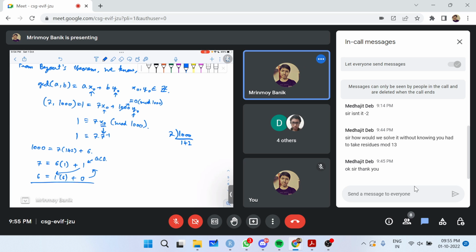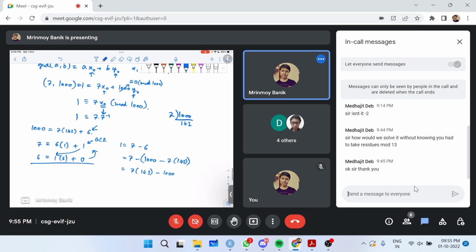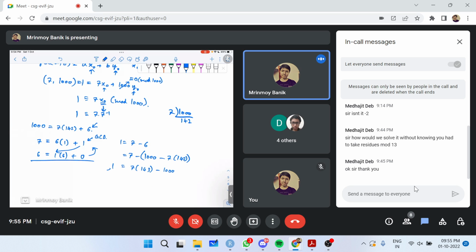This 1 is equal to 7 minus 6. And from here, 6 is 1000 minus 7 times 142. So 1 is 7 times 143 plus 1000 times minus 1.